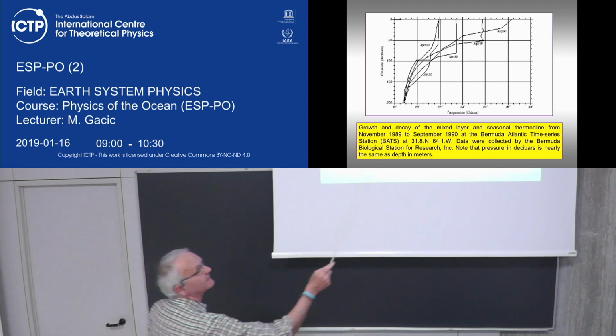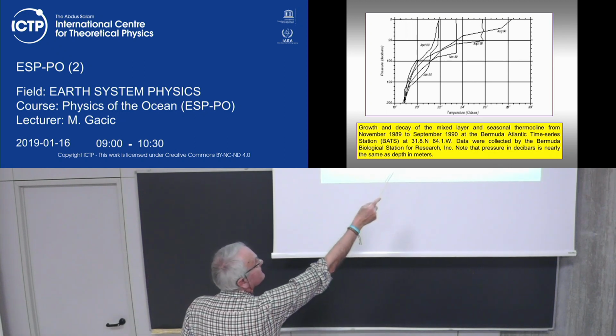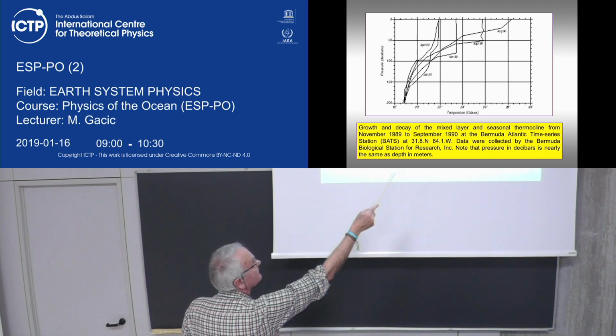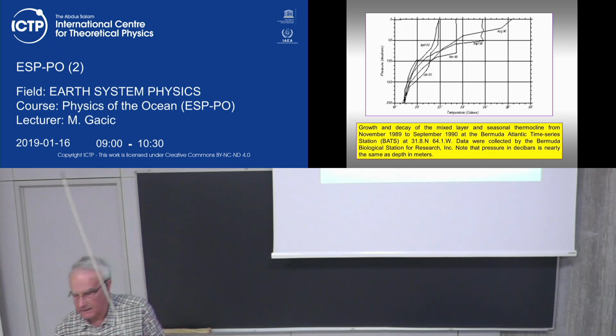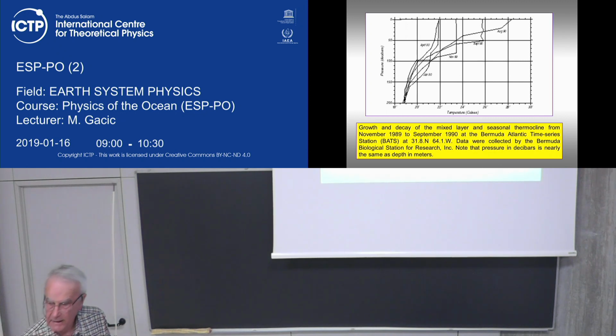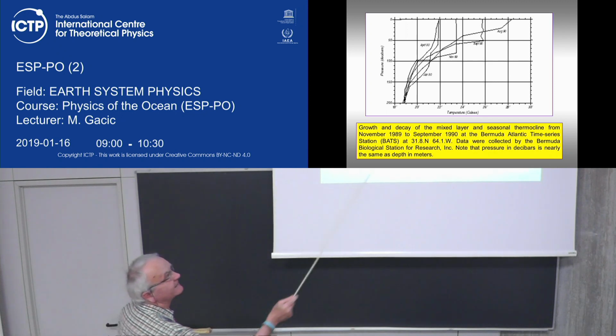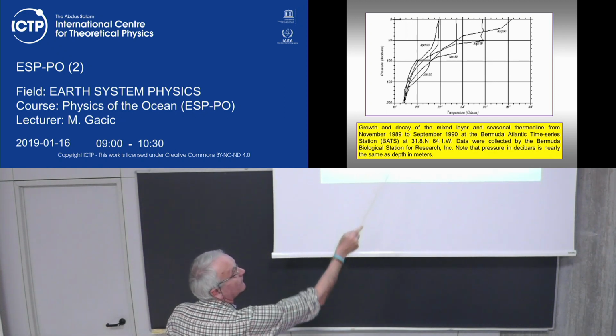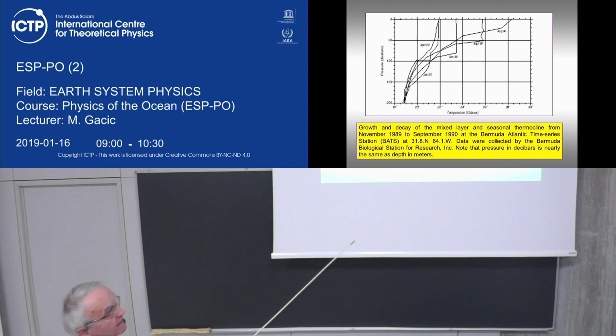There is this layer which has a relatively low vertical gradient, also called the surface mixed layer, because the wind is mixing there the water and also the heat. In September, apparently the wind is more frequent.